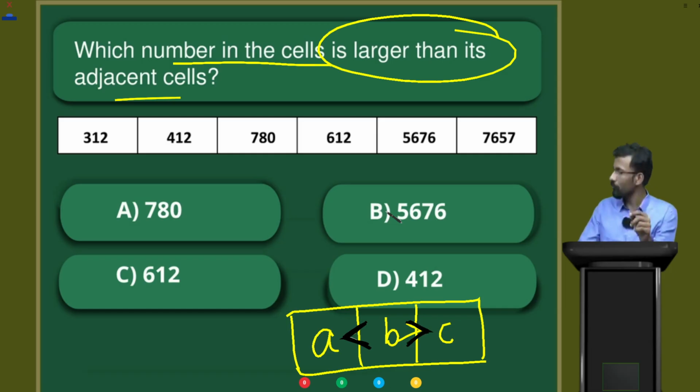In the set of three numbers, the middle number should be greater than both the numbers.